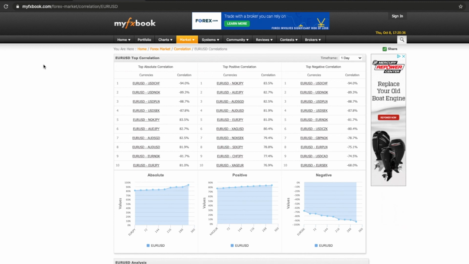If you have 5 pairs on there and 2 of them are highly correlated, now you're only down to 4 pairs. Depending on which one, you may still look at those 2 to see which one looks better on the lower time frames, which is what I would do for the actual trade entry, which one is cleaner. But it would make your watch list smaller to help you focus on a smaller amount of pairs for that day or week or however time frame you like to trade in.